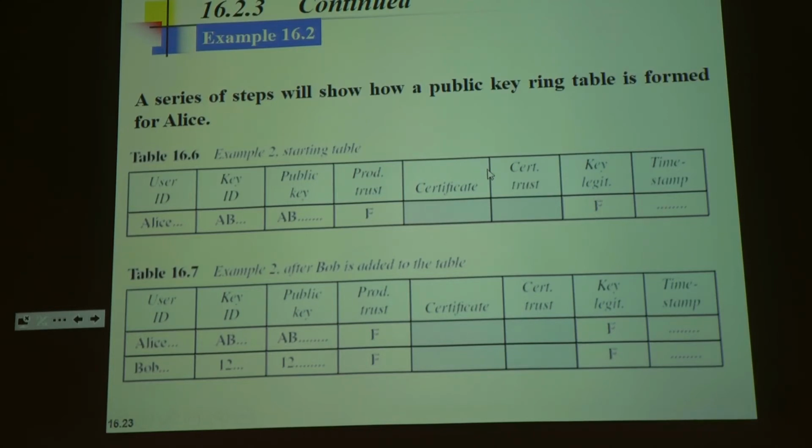Alice herself, as shown in the table, uses N for none, P for partial, and F for full as the levels of trust. For simplicity, it also assumes that everyone, including Alice, has only one user ID. Then we come here. Alice has issued a certificate for herself.